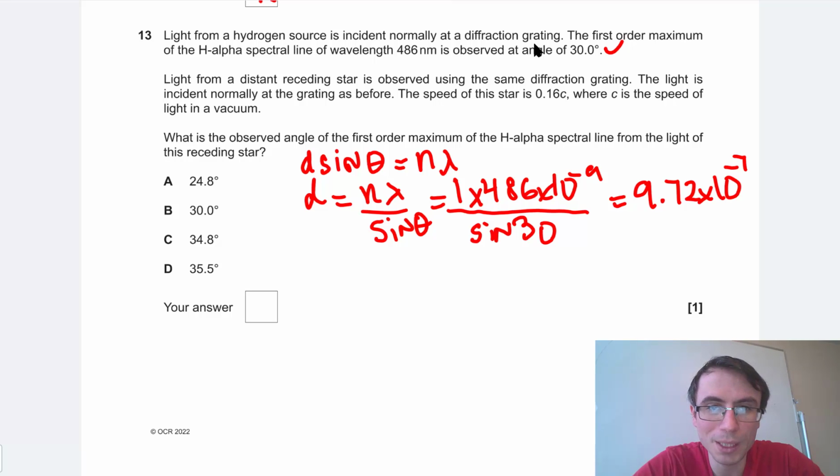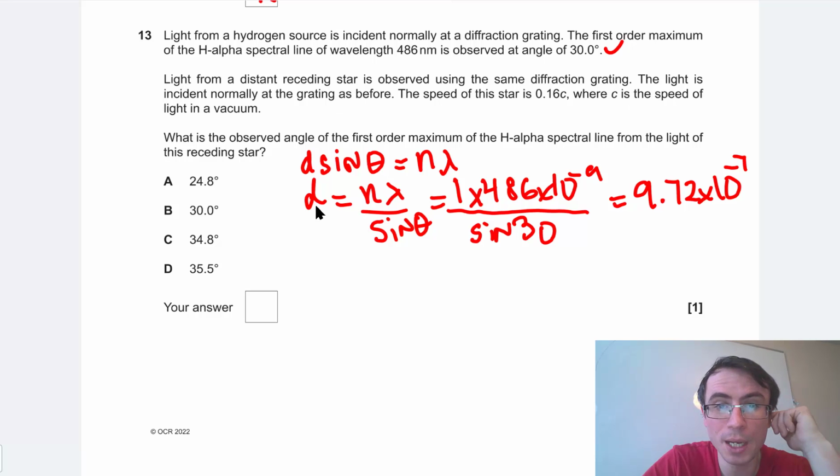Okay, light from a distant receding star is observed with the same diffraction grating, meaning that this quantity d will be the same. Okay, the speed of this star is 0.16 c, where c is the speed of light. What is the observed angle of the first order maximum of the H spectral line from the light of the receding star?